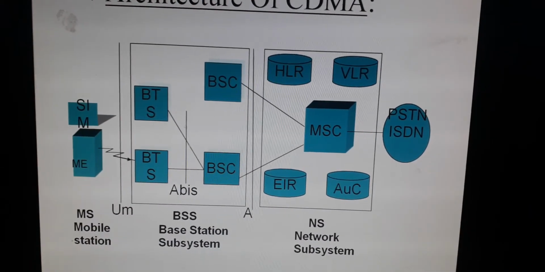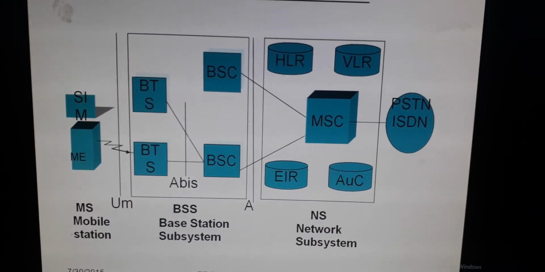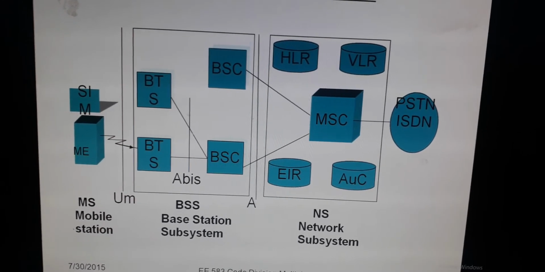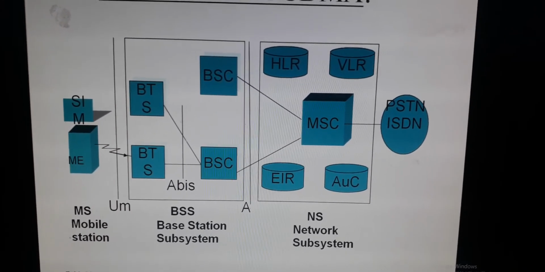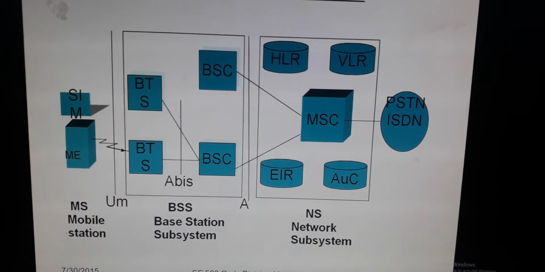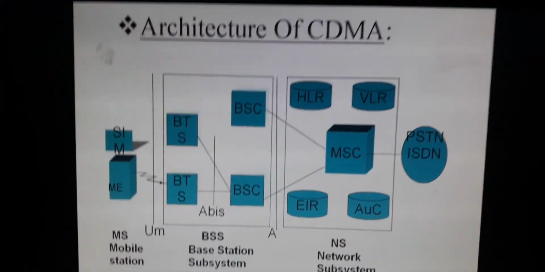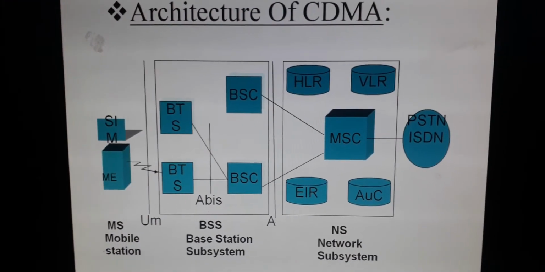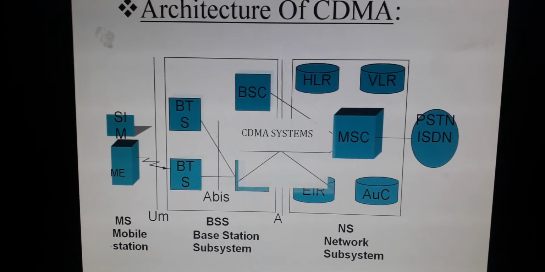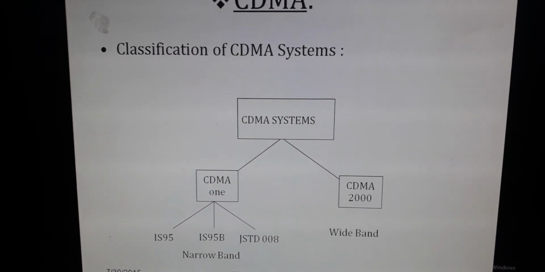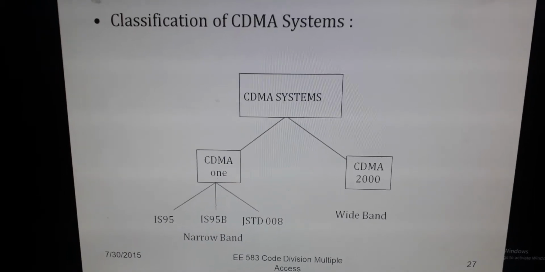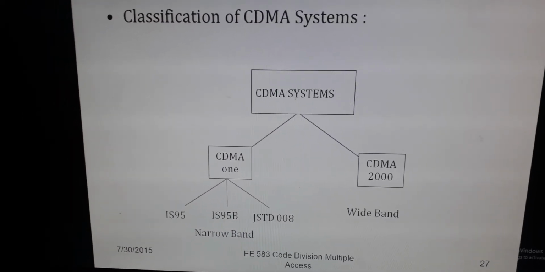CDMA architecture is quite the same. You can see the same components are there, even the interfaces are also the same. All the databases are also the same, but there are some different components which are used. Actually, the CDMA system has two different categories.